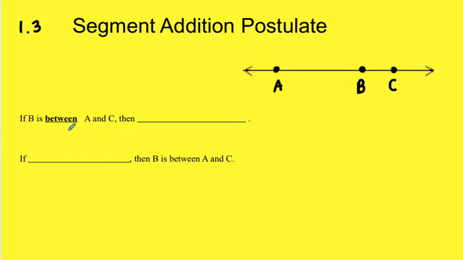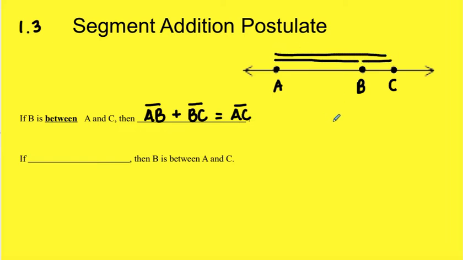So if B is between A and C, then we are allowed to say that segment AB plus segment BC is equal to segment AC. So this segment AB plus this segment equals the whole segment. And I call this the sum of the parts. The sum of the parts equals the whole.